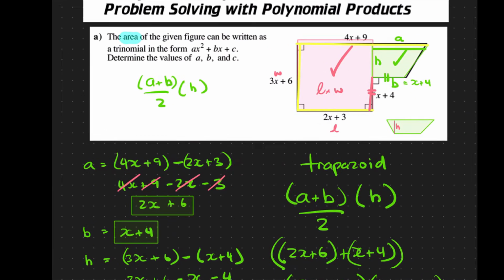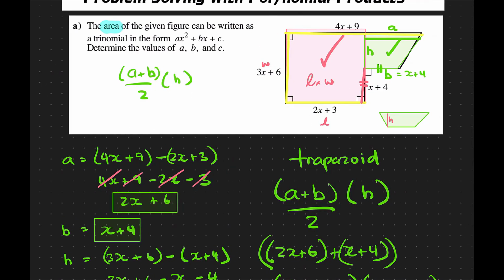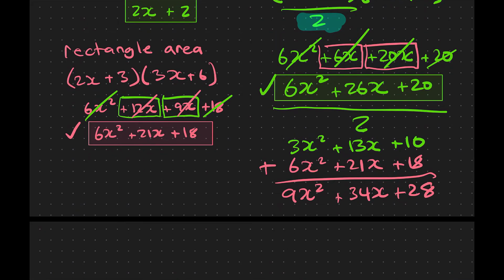Now let's go back and make sure we understand what they're asking us to do. So it says it's going to be in the form of a trinomial, ax squared plus bx plus c, and we are in that form right there. So we're 9x squared plus 34x plus 28. I'm going to switch over to my other pen here.